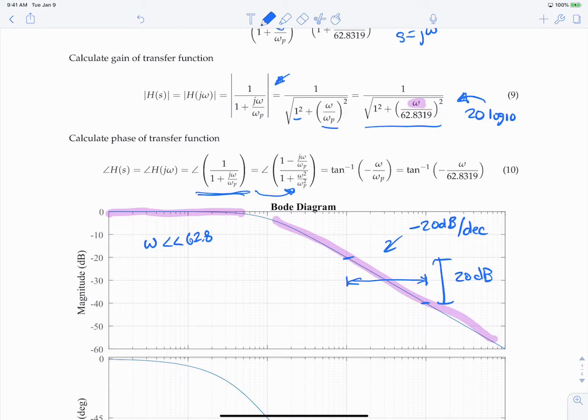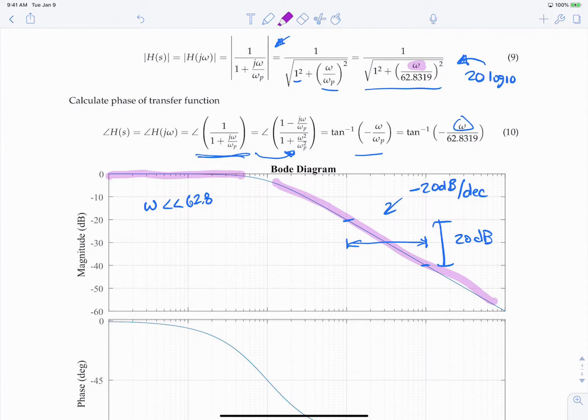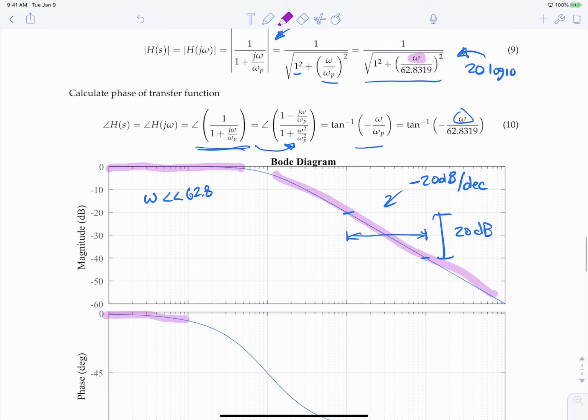And then you could take the tan inverse of that, which we do in this step, and you can see this looks very similar to the angle of a 0, except for now we have this minus sign in there. So when you have a really small omega, essentially what happens is you're taking the tan inverse of 0, and of course what you get is 0. So this right here is omega much less than 62.83.